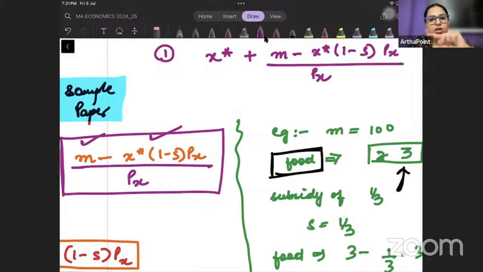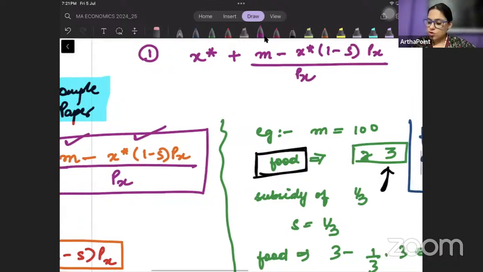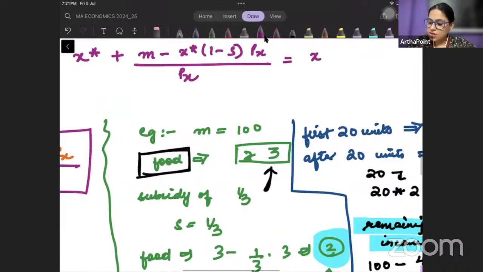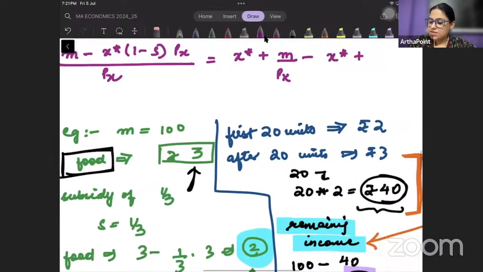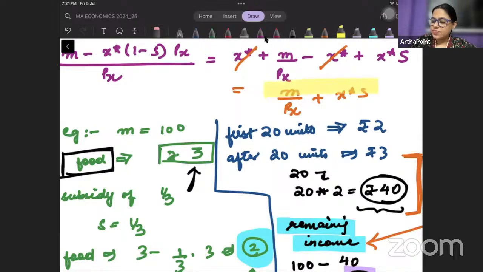These are the total units you can purchase. If you solve this, you will get X star plus M by px minus X star plus X star into S. The X star will cancel out. This will be M by px plus X star into S. This will be your answer.